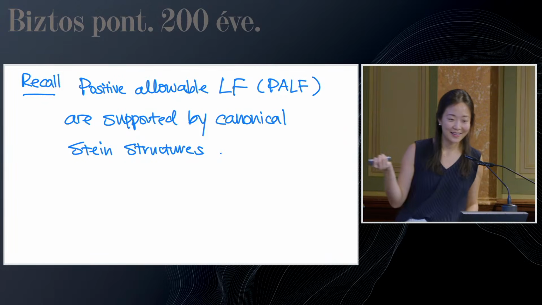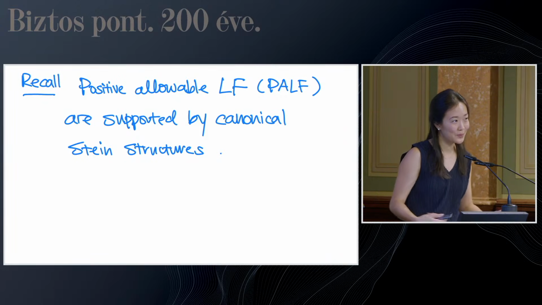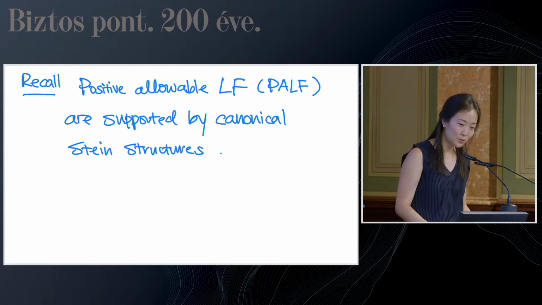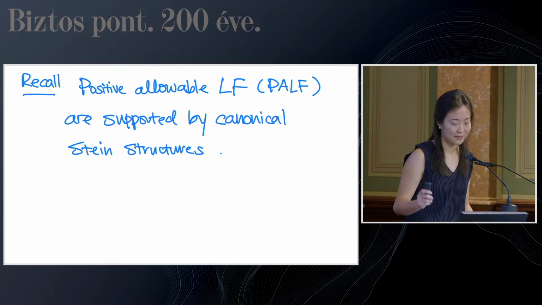So now I'm going to tell you some extra properties of nearly left-shift fibrations that we developed. So recall for the usual left-shift fibration, the adjective positive means that you only consider right-handed Dehn twists, and allowable means that these Dehn twists are on essential curves.